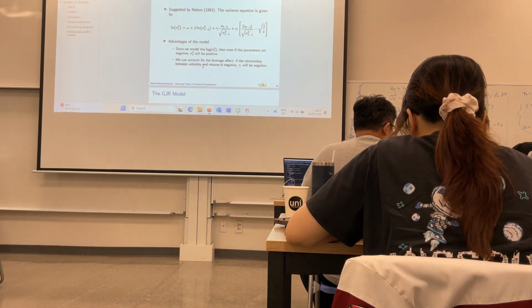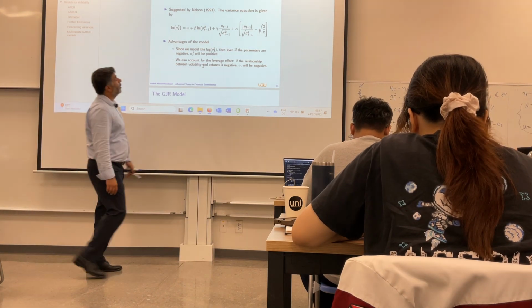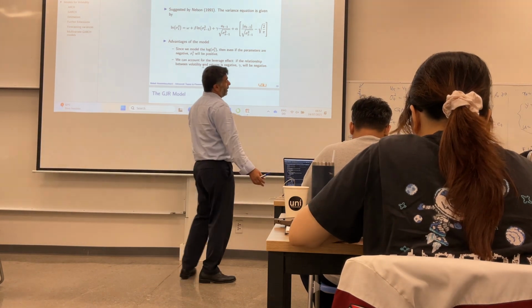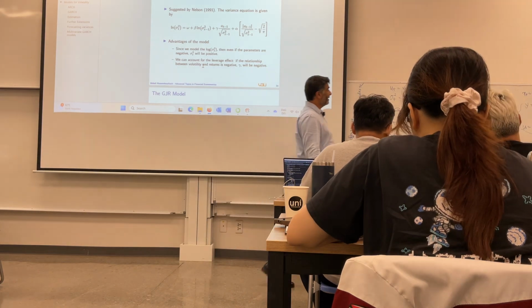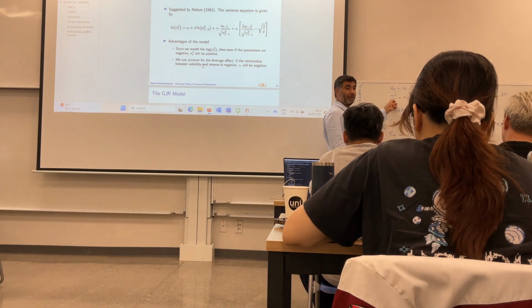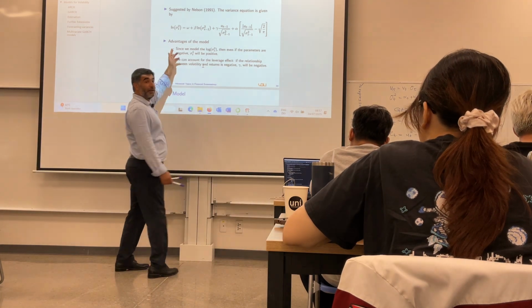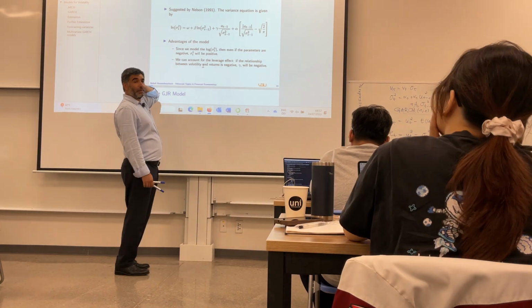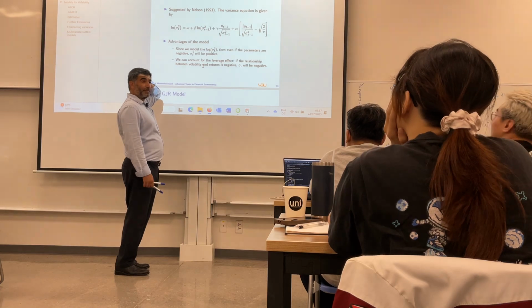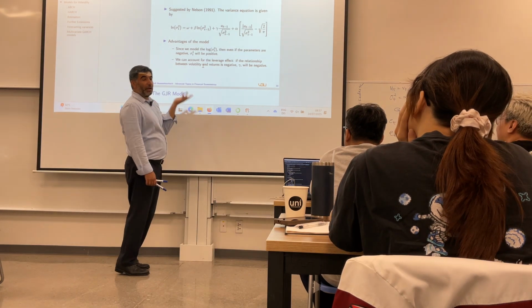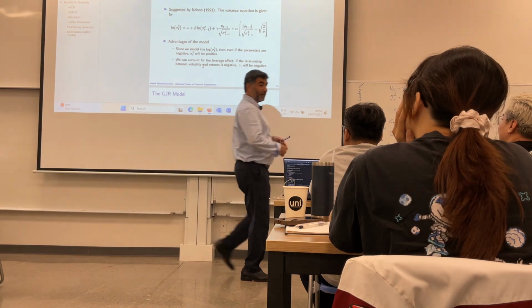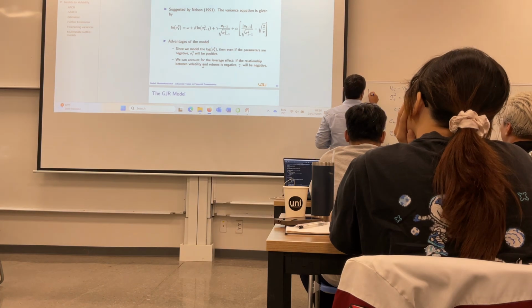E-GARCH came from Nelson, in '91, and he said, okay, instead of modeling the volatility level, look at the logarithm. A logarithm can be negative, right? You remember the logarithm function? It looks like so.